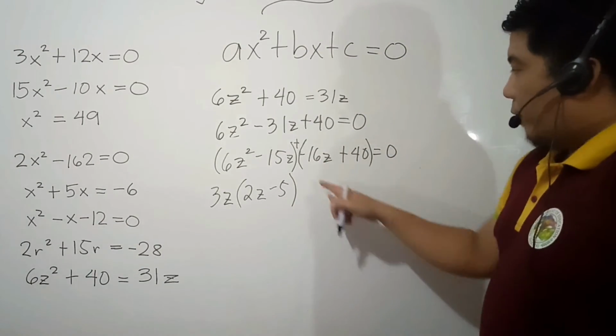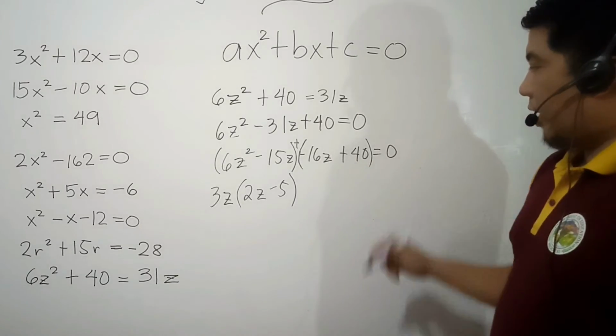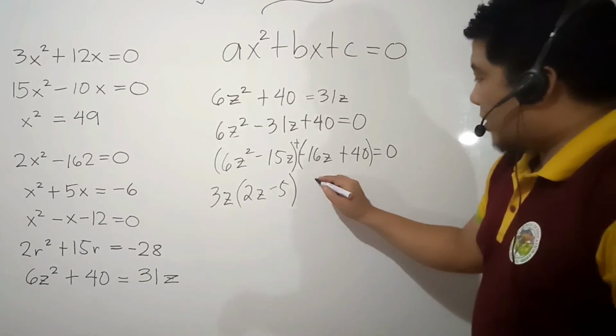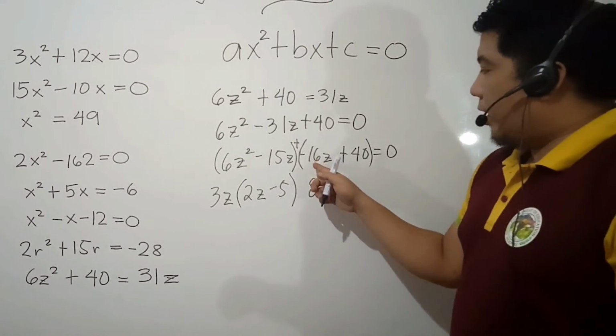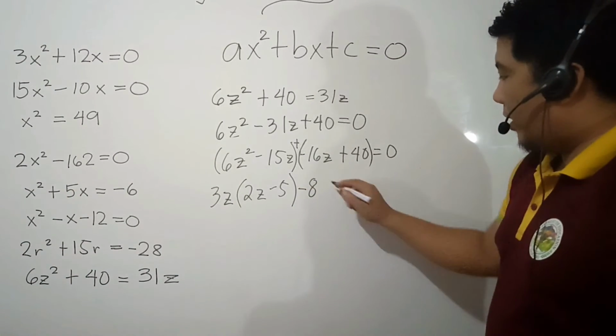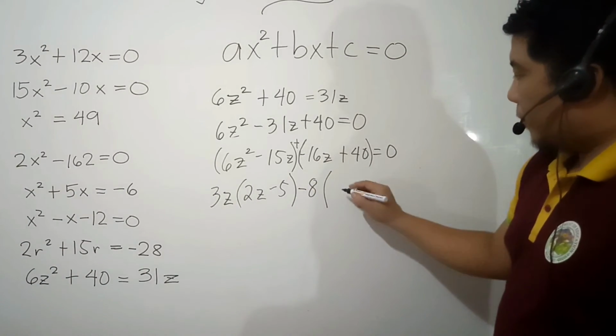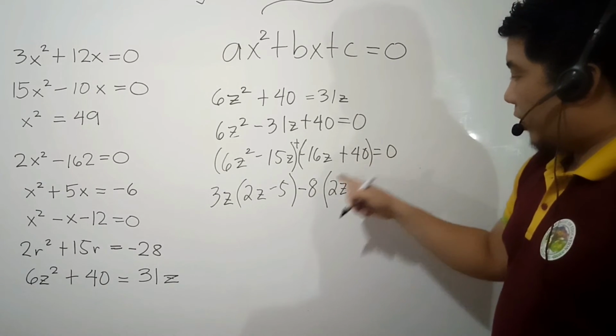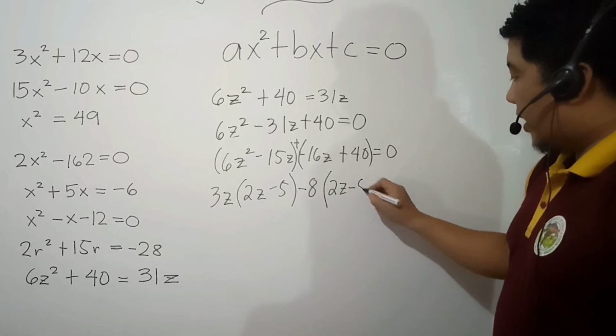Now in this part, we have negative 16z plus 40. For 16 and 40, what is the greatest common factor? That is 8. However, we need to extract also the negative sign, so we have negative 8. We will have 2z, and 40 divided by negative 8 is negative 5.